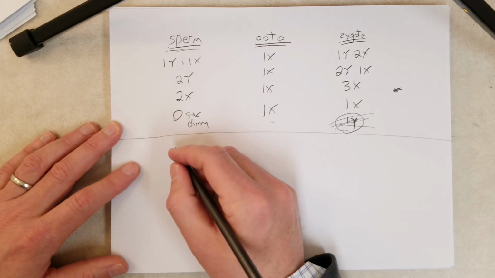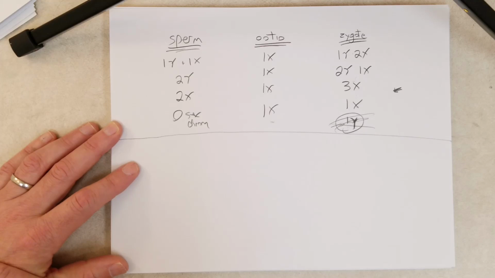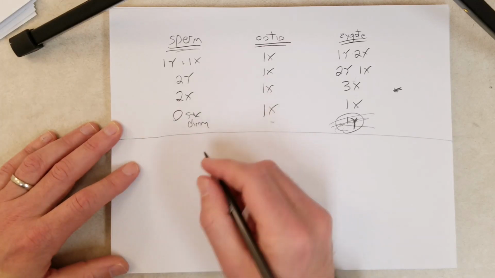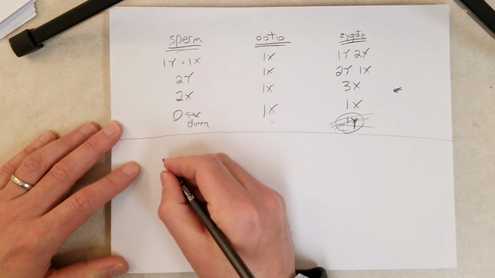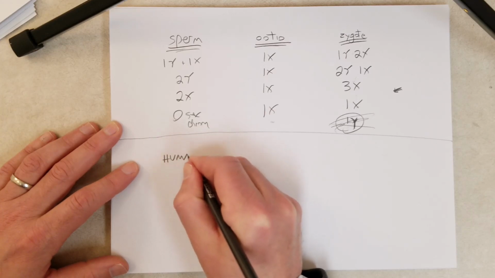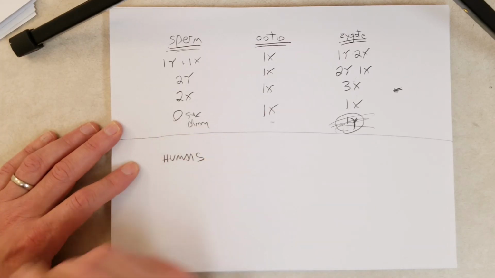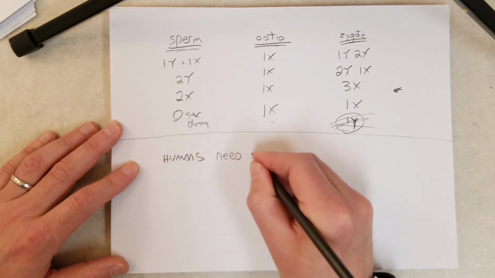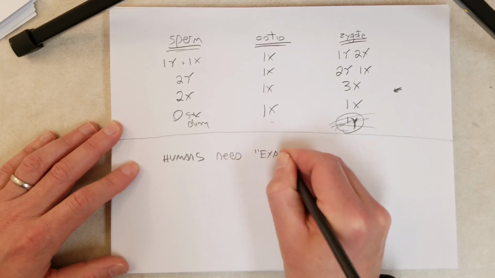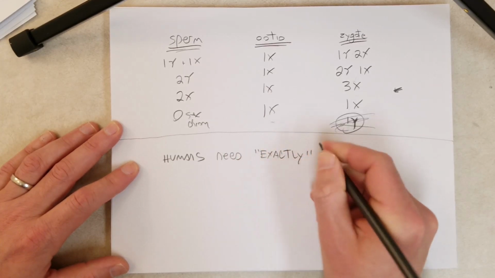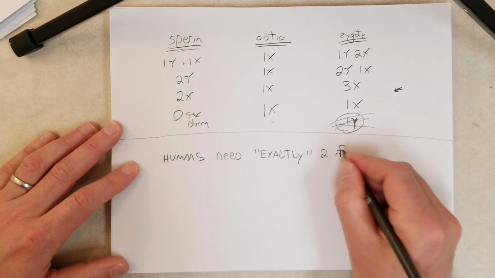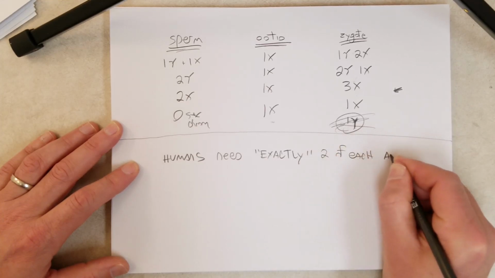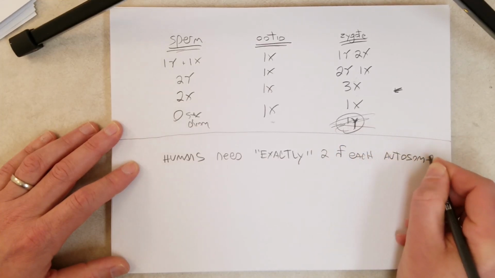So essentially humans can have sex chromosomes other than either XX or XY. But with respect to other chromosomes, the autosomes, so non-sex chromosomes, humans need exactly two of each autosome, except for one of those.